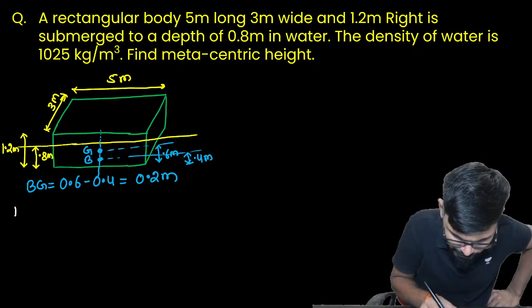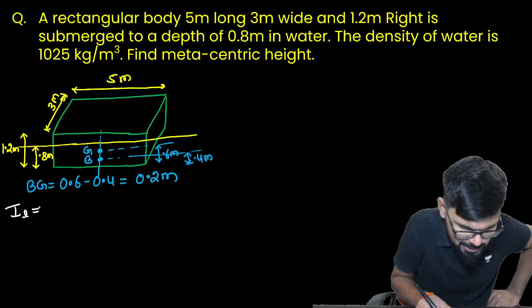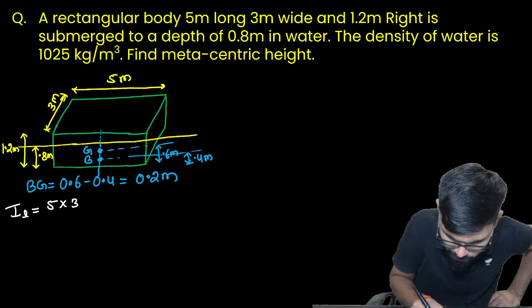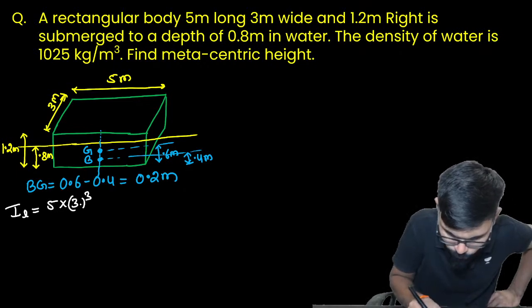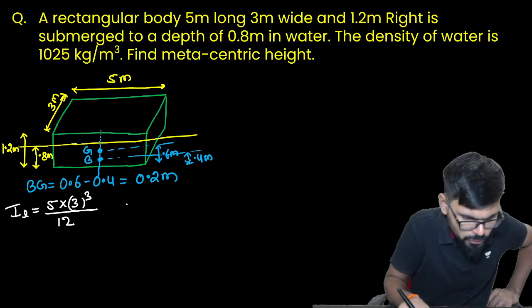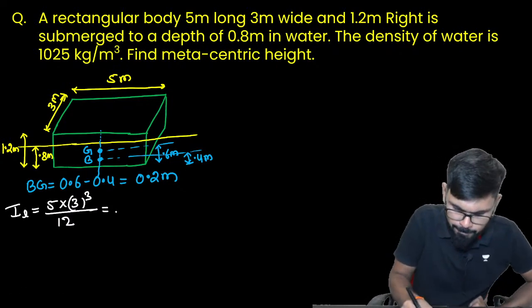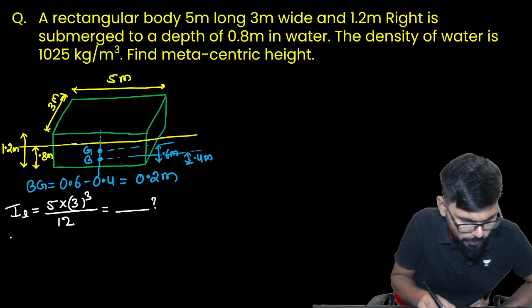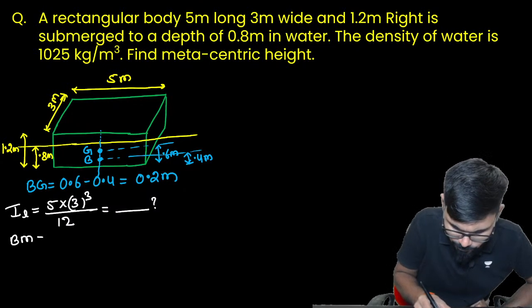Obviously I is about the longitudinal axis, so I can say LB cube by 12. So L means 5 into 3 cube by 12. You calculate this value, then you can write the BM value.